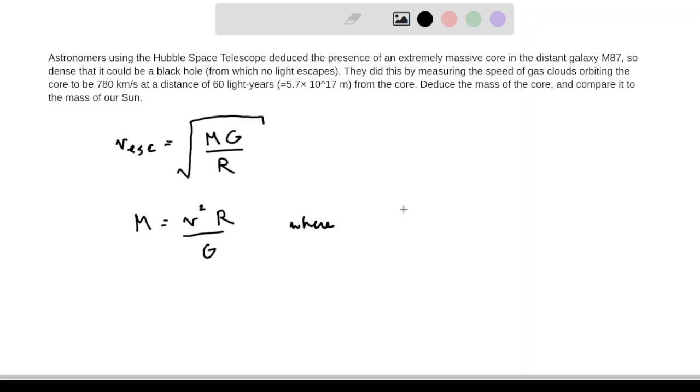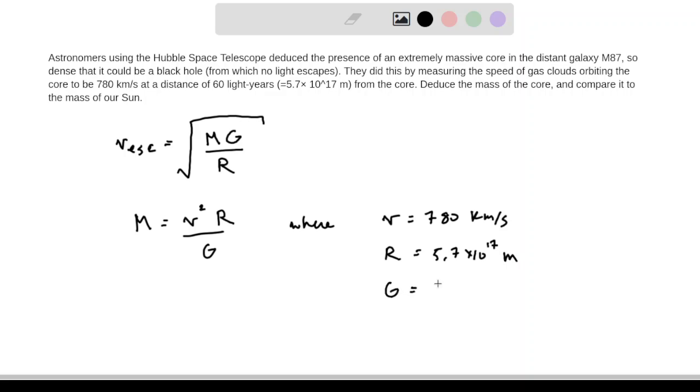where in our problem the velocity is equal to 780 kilometers per second. The radius, or the distance separating the orbiting gas clouds and the core, is equal to 60 light years, which corresponds to 5.7 times 10 to the 17 meters.